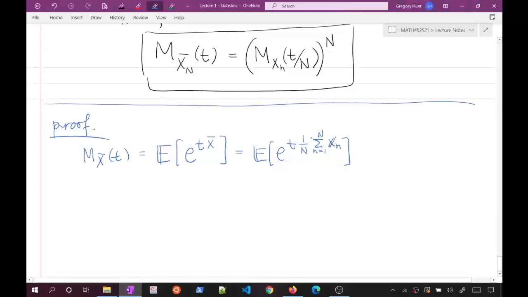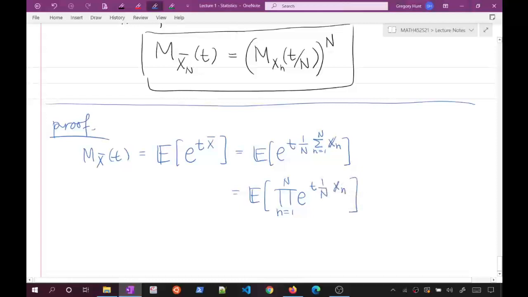I can pull that sum out, and I can use a property of exponentials and say that this is the product of e to the t 1 over n x1 up through xn.